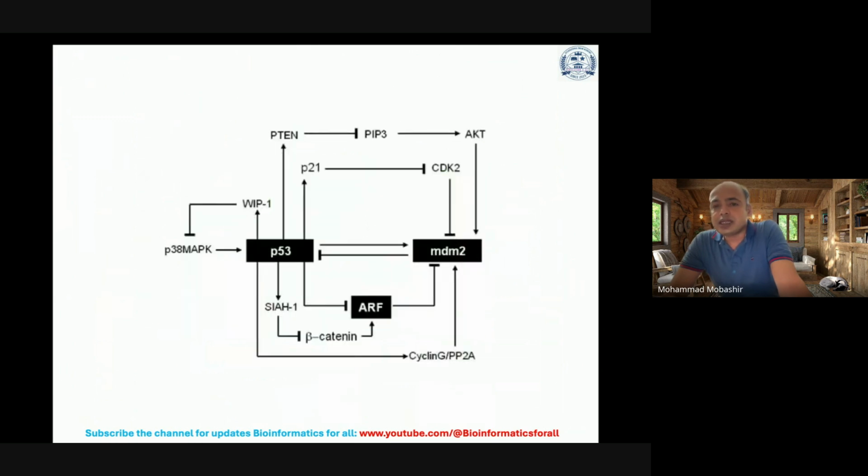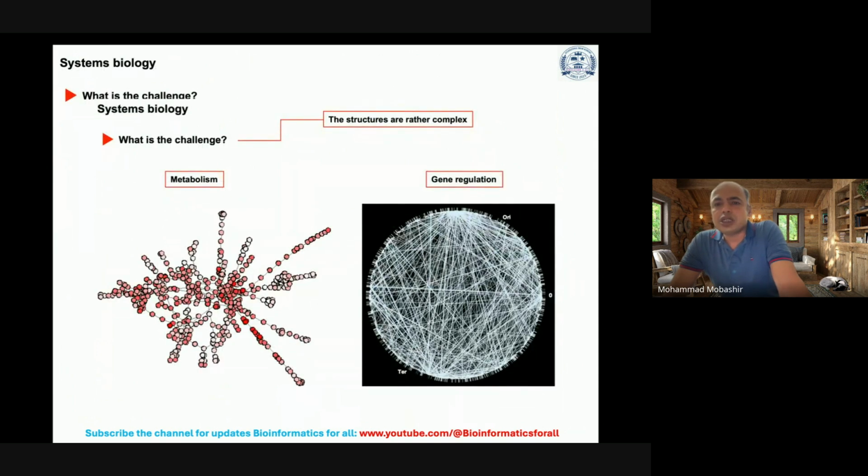Now you can see the summarized map of the TP53 network, which has P21, CDK2, then MDM2, ARF. These three are directly associated with cell fate decisions. Now, with the challenges, you need to understand their structures.